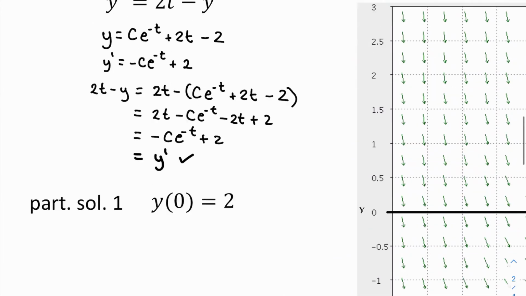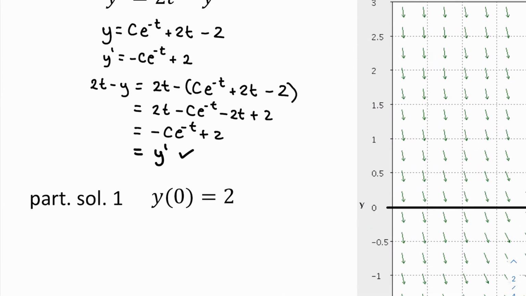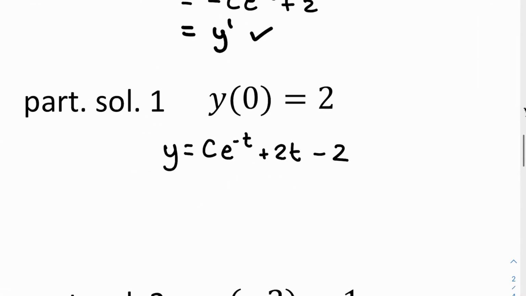Now we want to find the value of c so that the general solution will go through this point. So I'm going to take this general solution, copy it down here, and we plug in 0 for t and at the same time change y to 2.